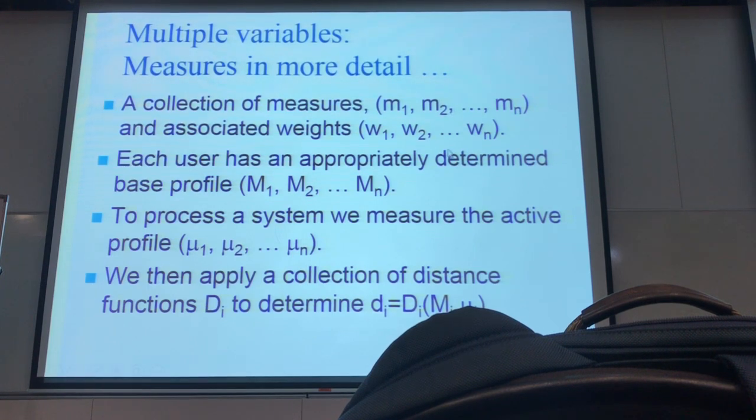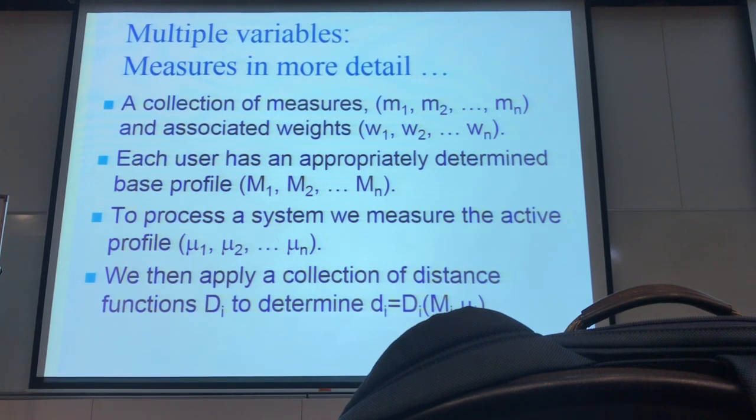Then we can define the profile based on the measurements. So we define the profile according to the measurements we define. The first part is like definition: we define what the measurements are and what the weights are for each measurement. Then, based on the measurements, you can log the system events, like the activities performed by the user.